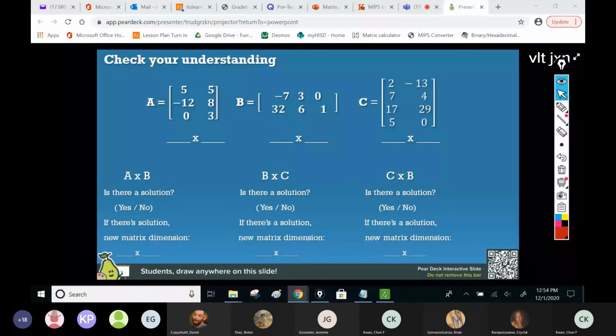You're doing pretty good. Be very careful on the last one when you're trying to figure out the new matrix dimension. Look at the order. The order is reversed. It's not B times C, it's C times B. So we arrange it so that you can find the outcome.